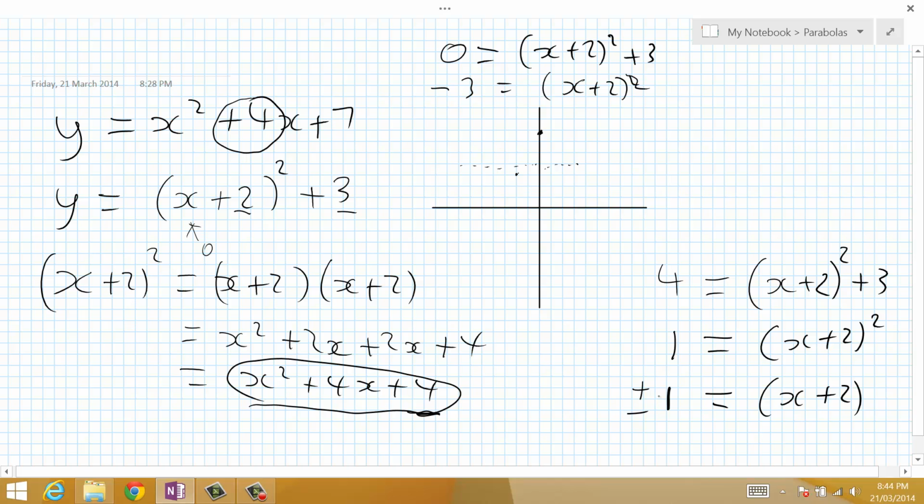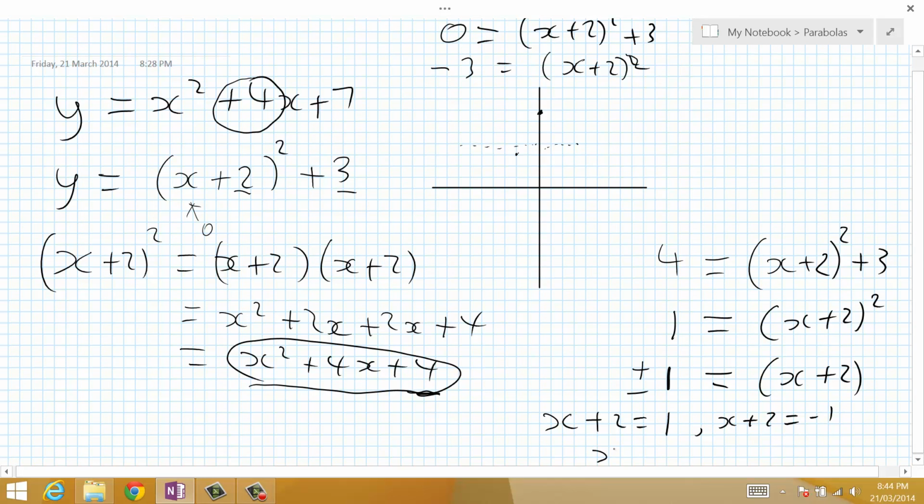So that means I have two equations. x plus 2 equals 1, x plus 2 equals minus 1, so therefore I know the solutions are going to be x equals negative 1 and x equals negative 3.